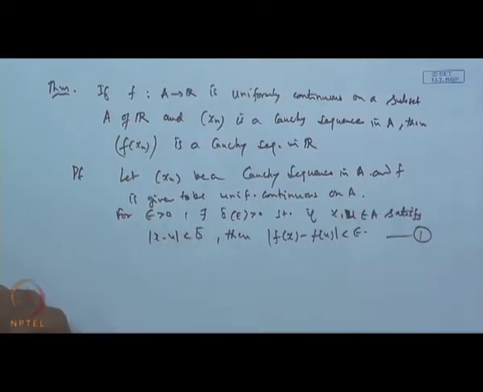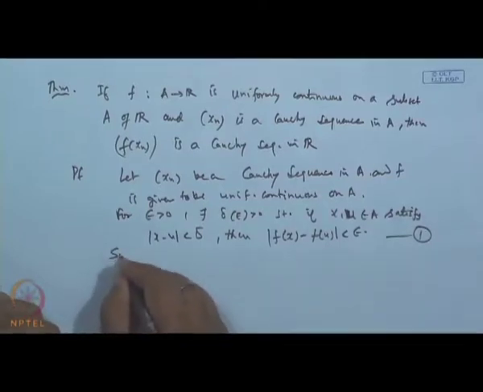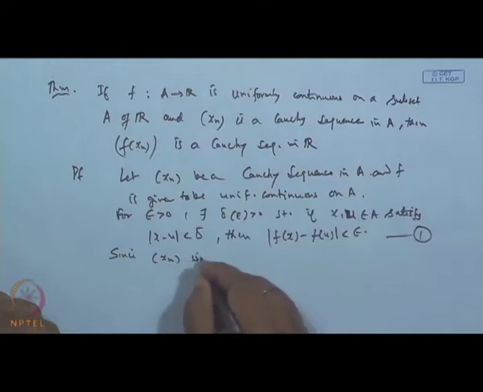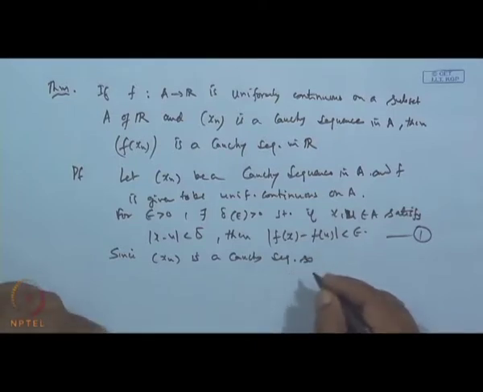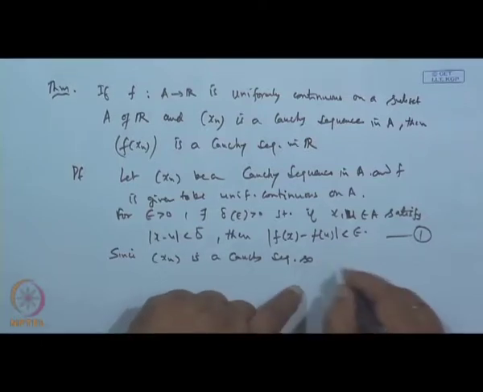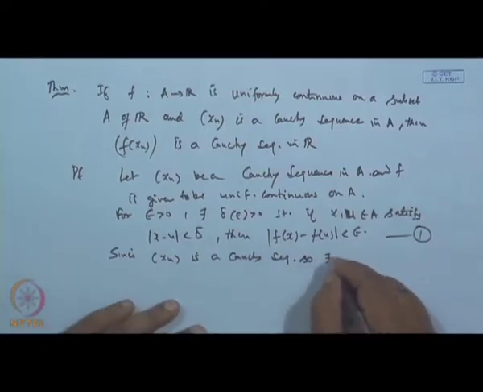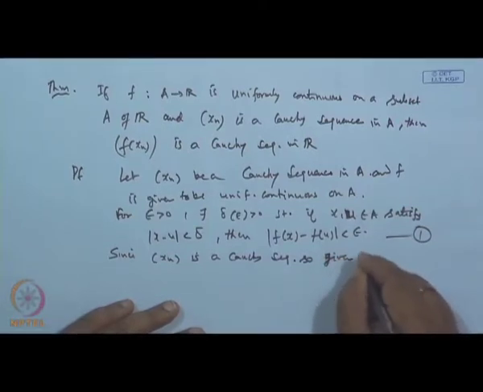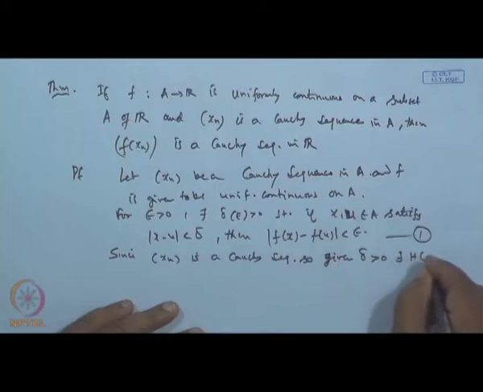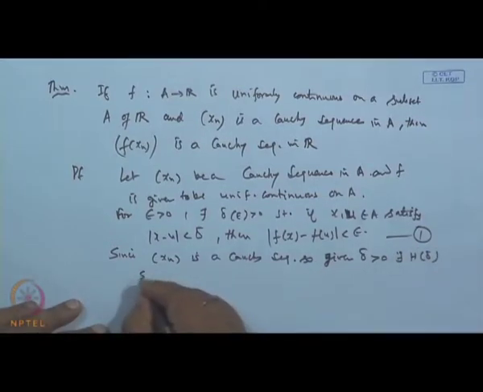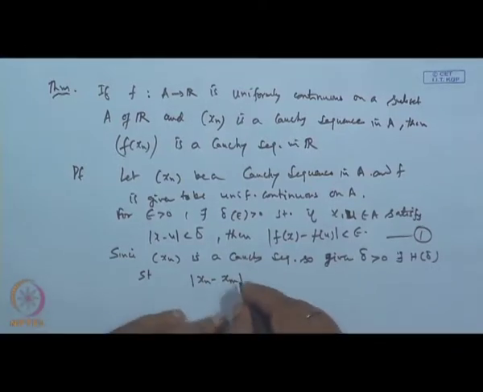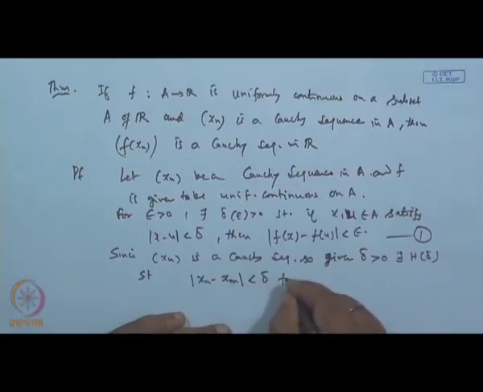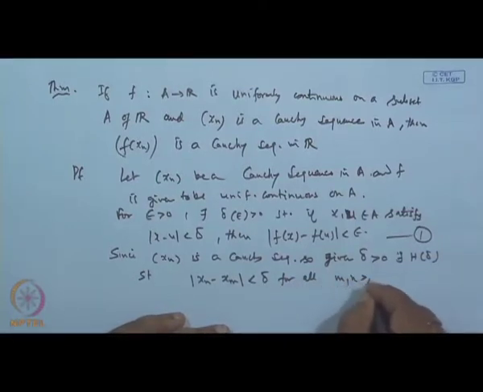Now, it is given that the sequence x n is a Cauchy sequence. So, by definition of Cauchy, for a given delta greater than 0, there exists an h which depends on delta, such that the difference between any two arbitrary terms of the sequence after a certain stage can be made less than delta for all m, n greater than or equal to h.